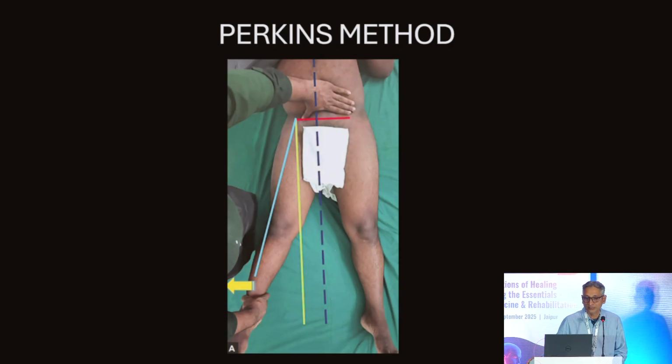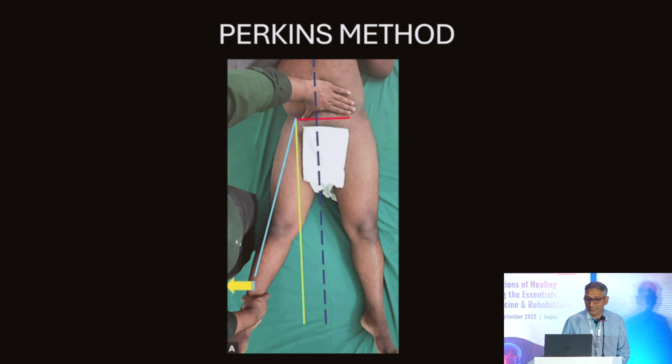What do you mean by unmasking the deformity? You should square the pelvis. By squaring the pelvis, you are keeping both ASIS at the same level. So when there is an abduction deformity, you square the pelvis, keep the ASIS at the same level, then measure that angle. That is the angle of the abduction deformity.